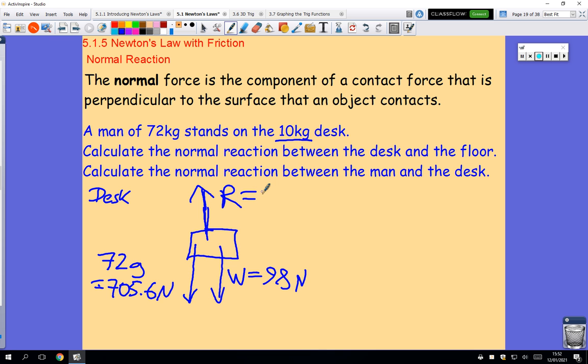So 803.6 newtons. So the normal reaction in this case is greatly increased. Why? Because the man has stood on the desk, and that increases the push downwards on the desk. There are two downward forces on the desk, and the normal reaction is the only upward force, so that has grown.